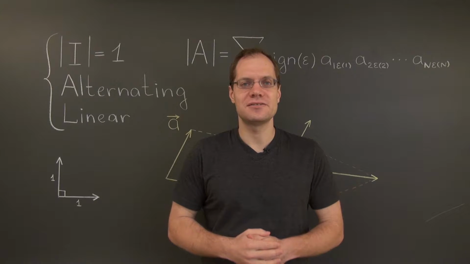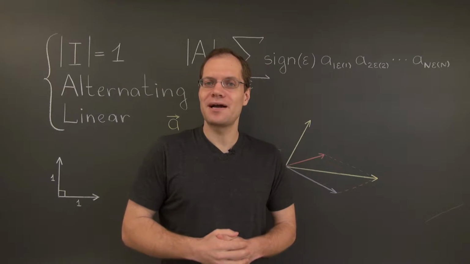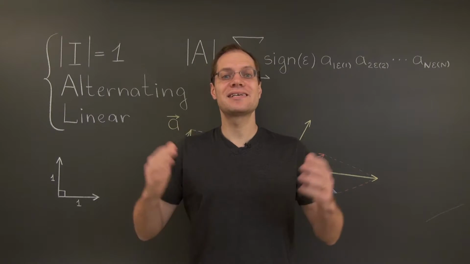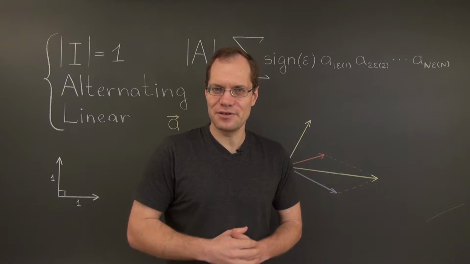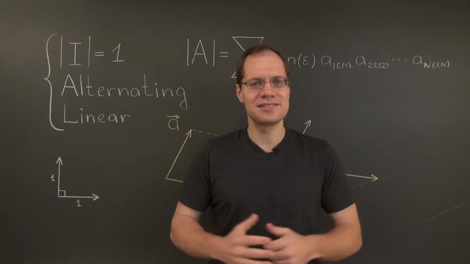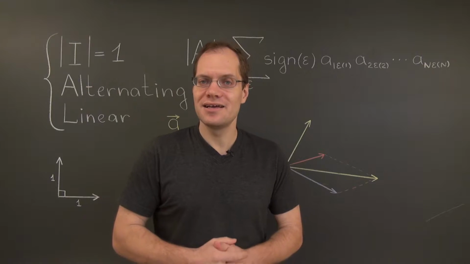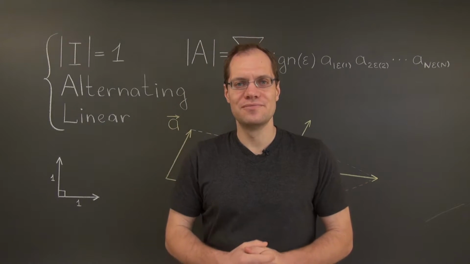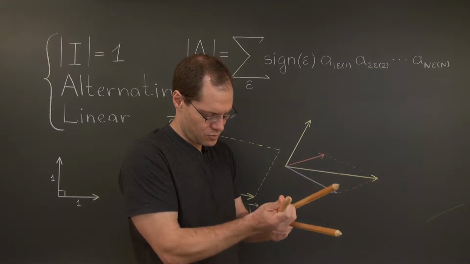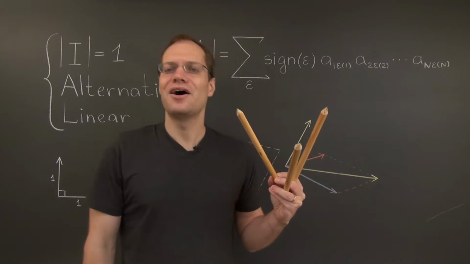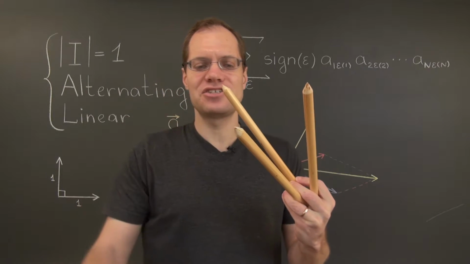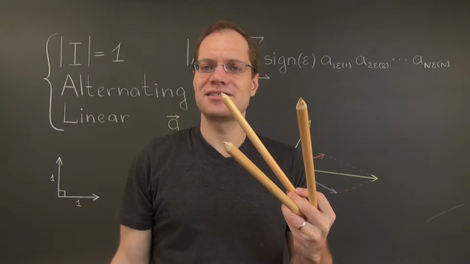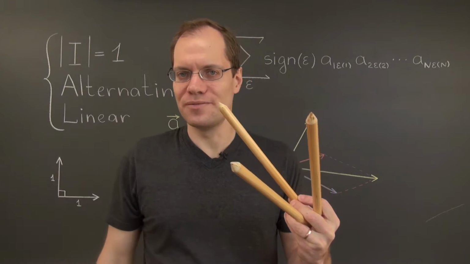In 3 dimensions, the signed volume of a parallelepiped equals its conventional volume in absolute value, and if you want to determine the sign, you must once again decide on the order of the vectors. Here is what you do. Okay, let's say that this vector is first, this vector is second, and this vector is third.